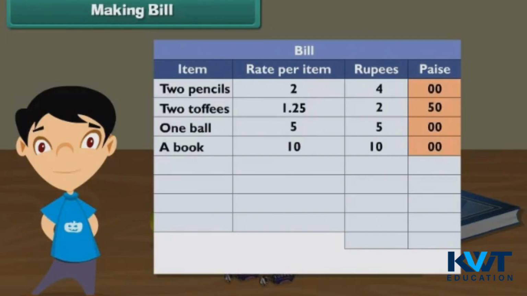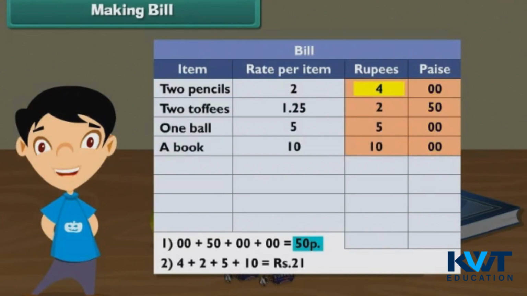Add numbers in the paise column. Add 00 plus 50 plus 00 plus 00, which is equal to 50 paise. Add the numbers in the rupees column. Add 4 plus 2 plus 5 plus 10, which is equal to 21 rupees.